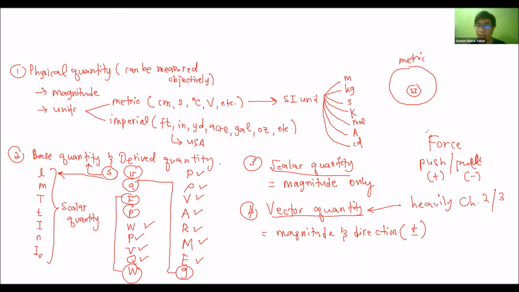Motion as well, to the right, left, upwards, downwards, we can describe in terms of vector quantities. It has a specific direction.